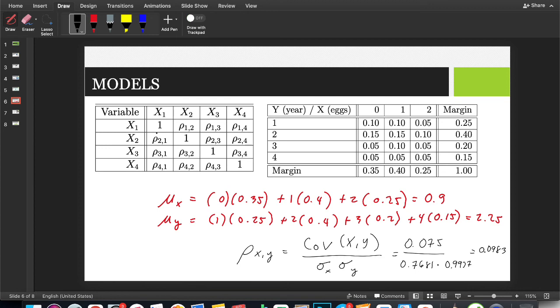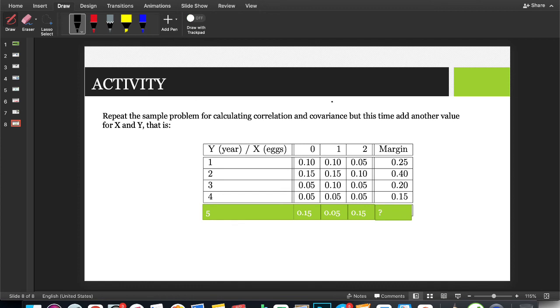So I hope you understand our calculation, and with that, your activity is to repeat the sample problem for calculating the correlation and covariance, but this time you add another value for x and y. If you take a look at this table, you have another row and column. Okay, so we have 5 for the number of years, and then 0.15, 0.05, and 0.15.